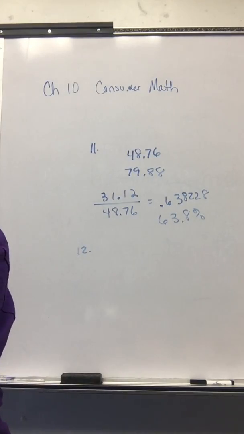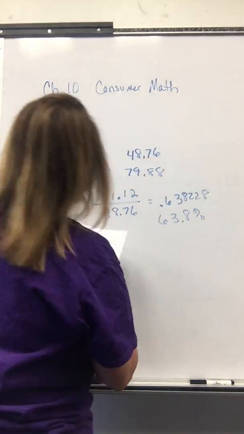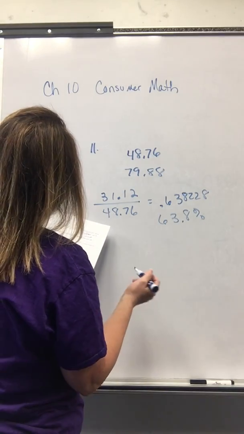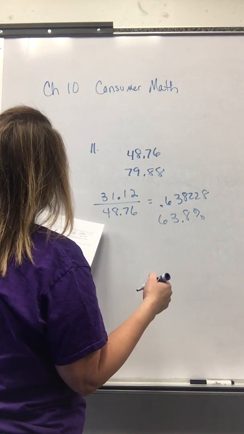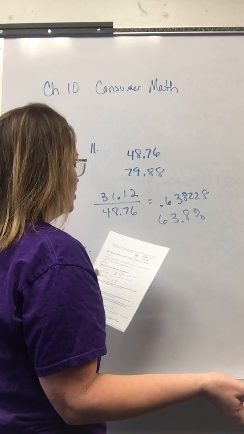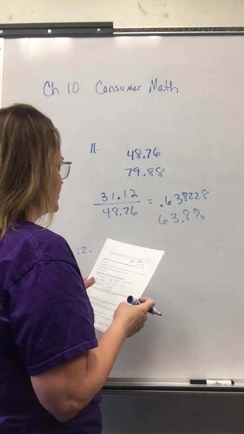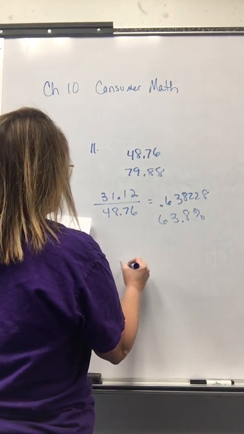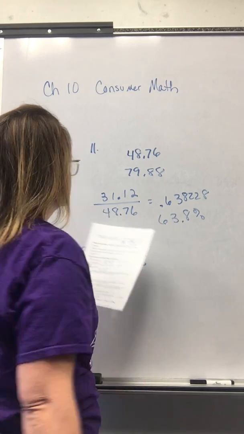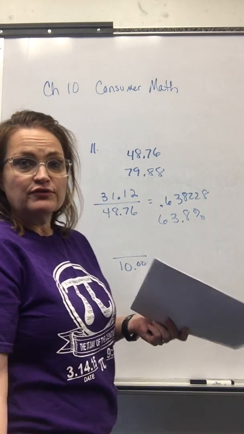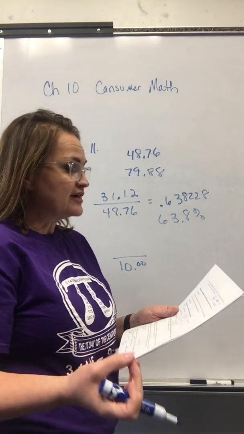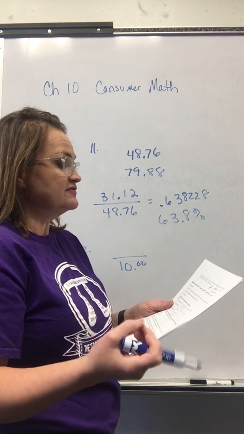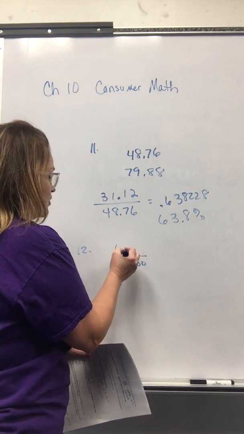Okay, number 12, TJ Maxx. I like a little TJ Maxx shopping. TJ Maxx buys a shirt for $10. They sell it at a loss. Actually, instead of marking it up, they're going to mark it down. It costs them $10, so we're going to be dividing by $10. But then they sell it for $4.60. So we subtract our $10 and our $4.60 to find the amount of the markup or markdown.